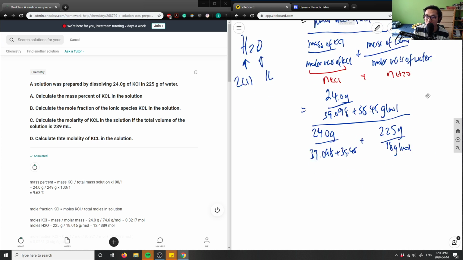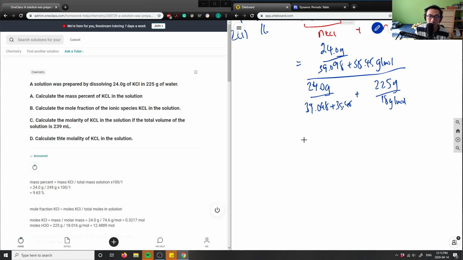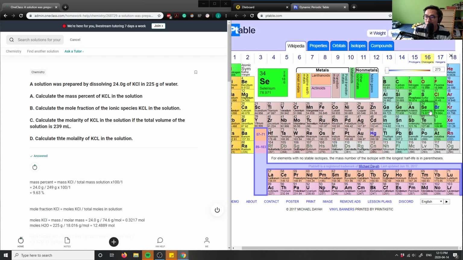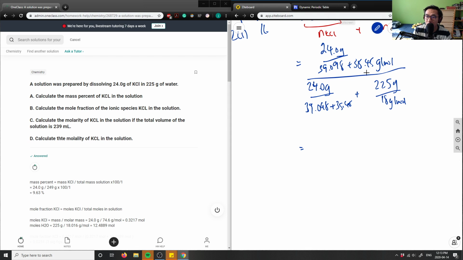Now we can plug this all into our calculator and get the mole fraction. So we have 24 divided by 39.098 plus 35.45. My writing is really bad.